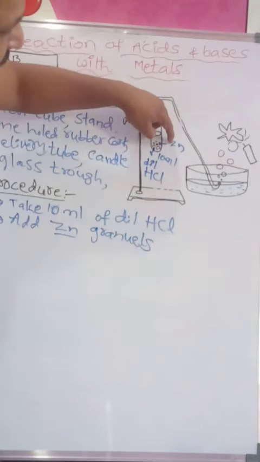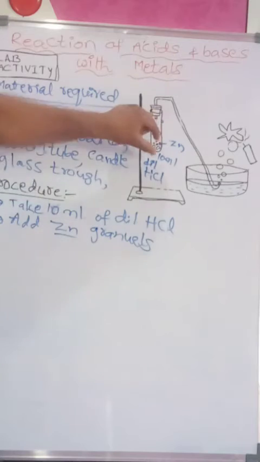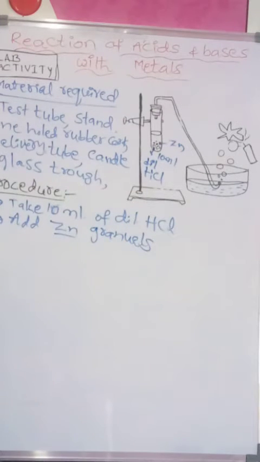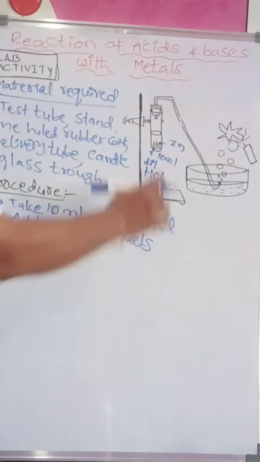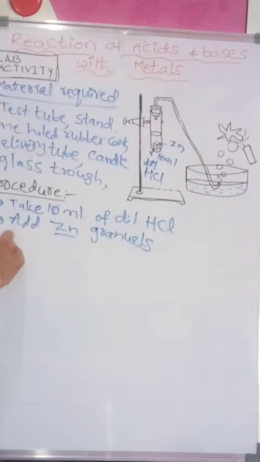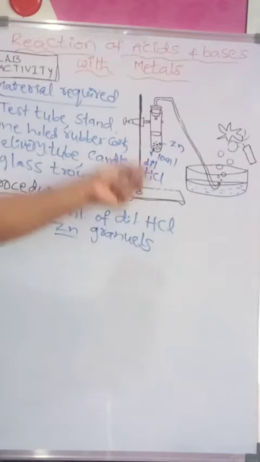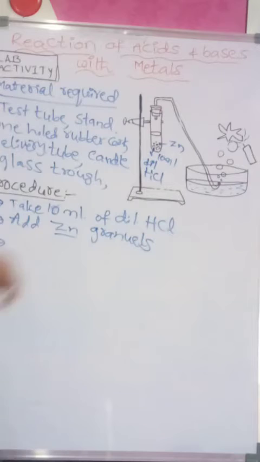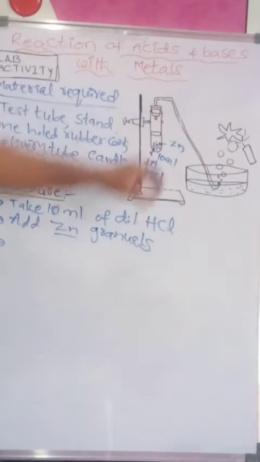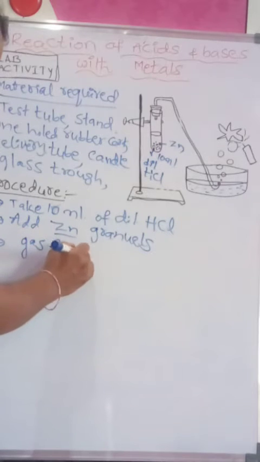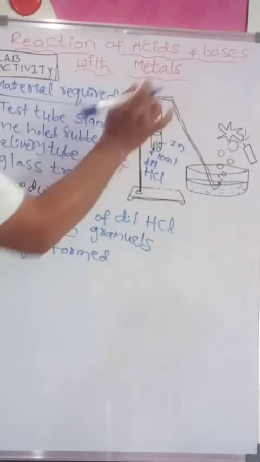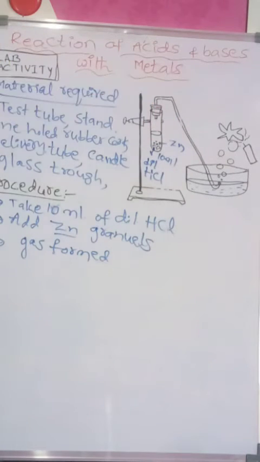After adding the zinc granules to dilute HCl, a reaction occurs and a gas is formed on the surface of the zinc granules.